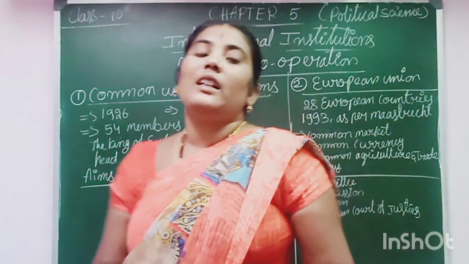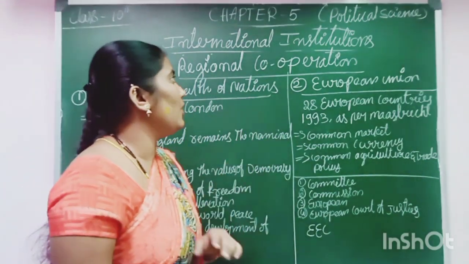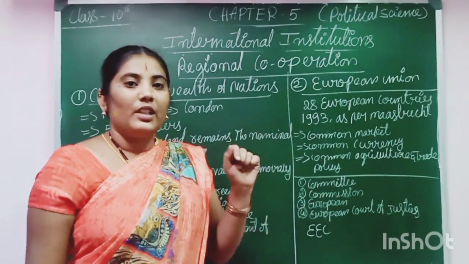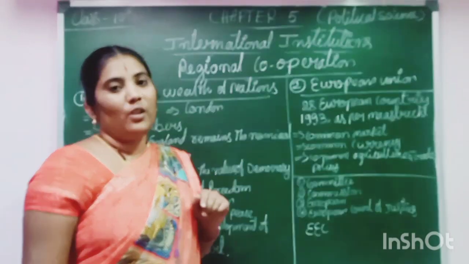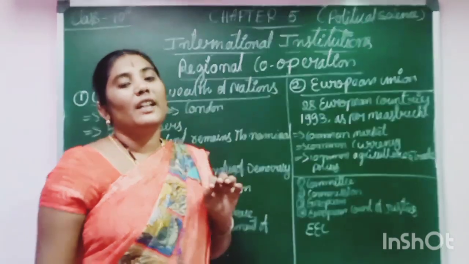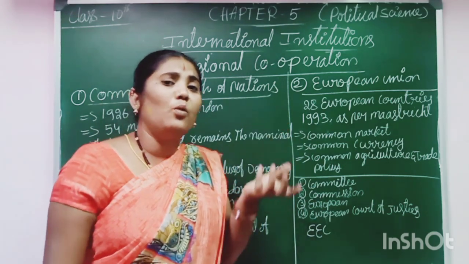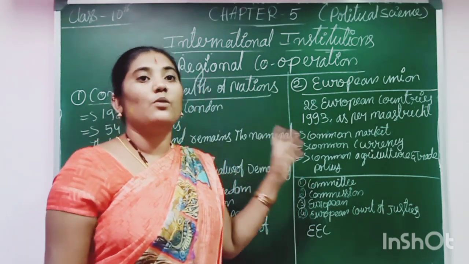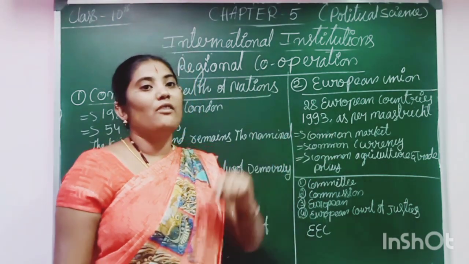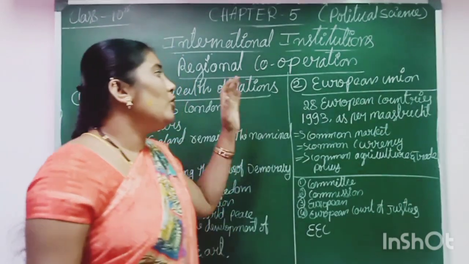Then the next regional cooperation institution is the European Union, EU we call it. What is the European Union? It is a very special regional organization. It has its own structure and its own functions; no other organization is like the European Union.